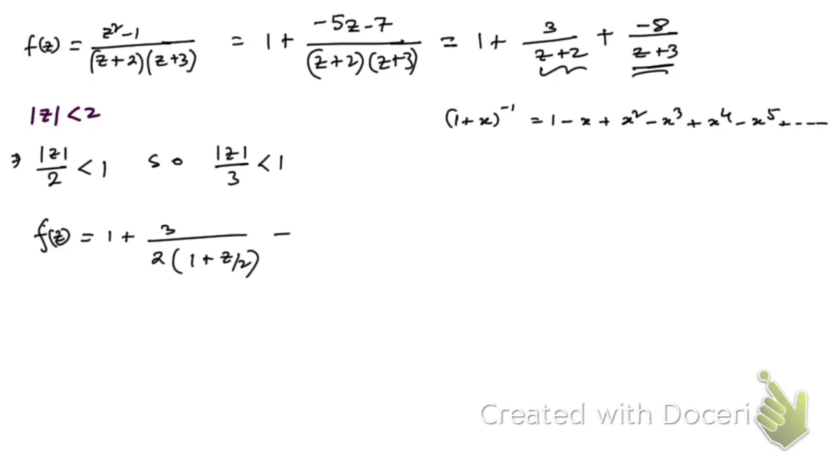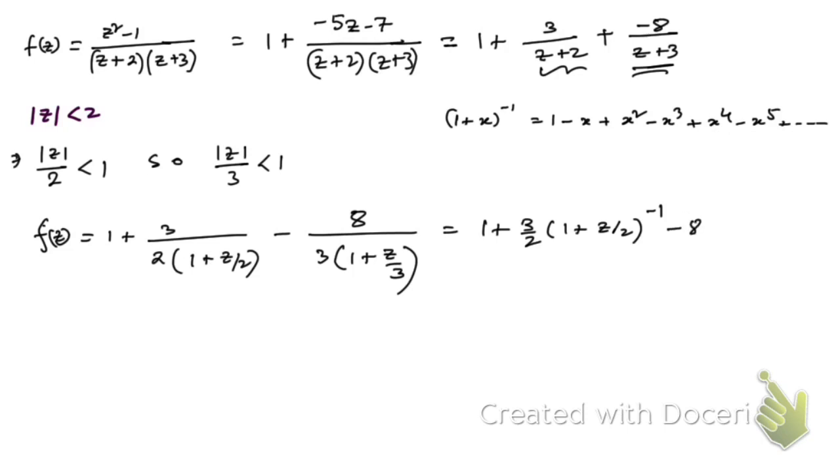So minus 8 by, let's take 3 common, then you're going to have 1 plus z by 3. So now this can be written as 1 plus 3 by 2, 1 plus z by 2 whole to the power minus 1, and minus 8 by 3, 1 plus z by 3 whole to the power minus 1. Now let us apply this identity.